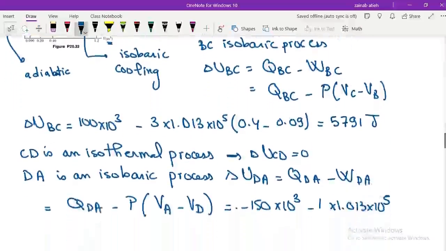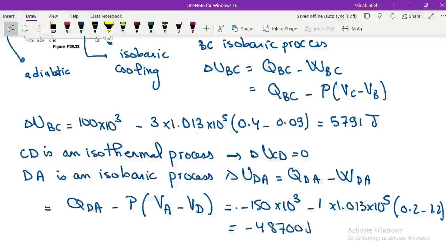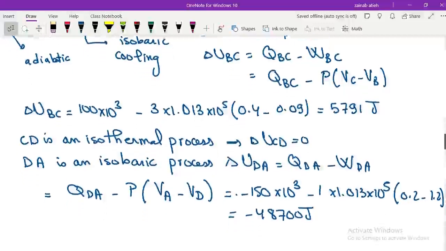So it's 0.2 minus 1.2. No need to change the unit. Calculating all of this will give me minus 48700 joule.